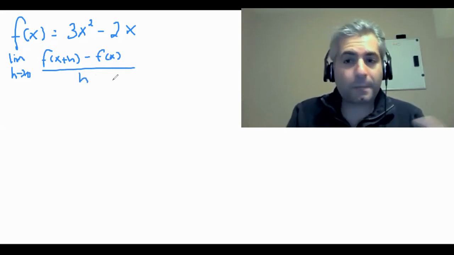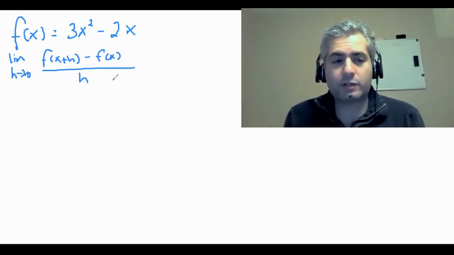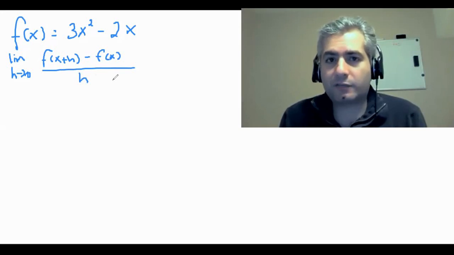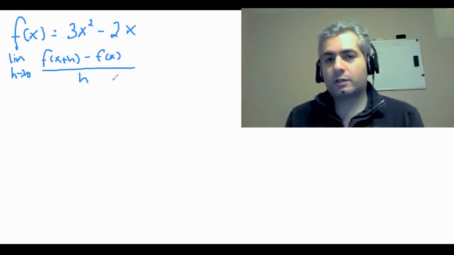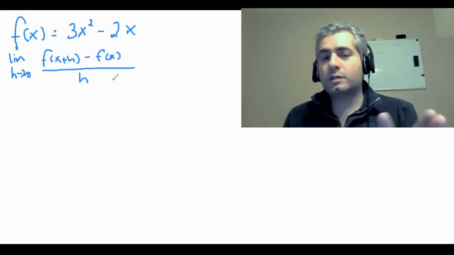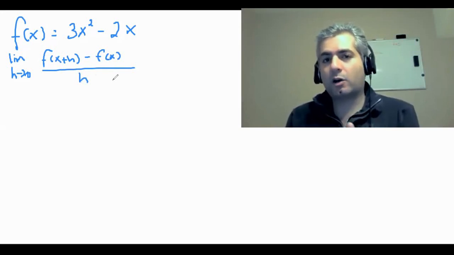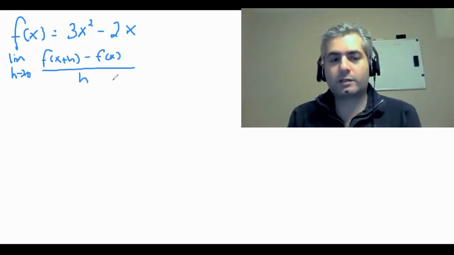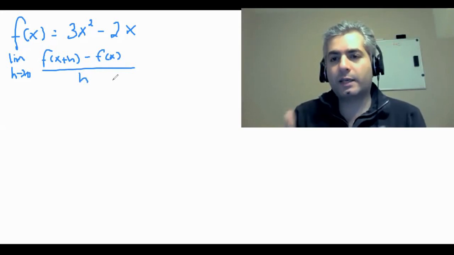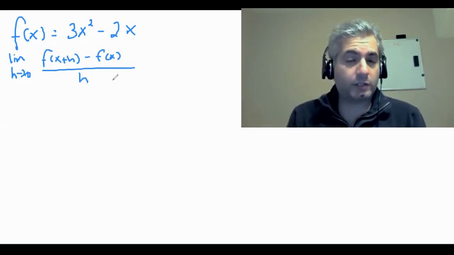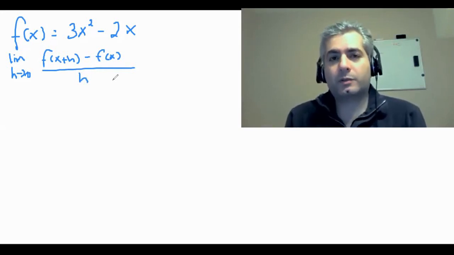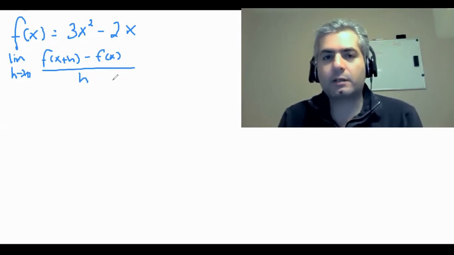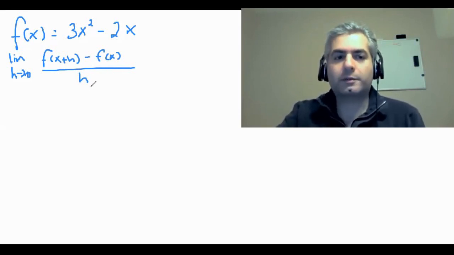So at this point, we can't sub in h equals 0 into the limit, because that would give us an undefined situation. So the goal is, let's put in our function. We're going to use this x plus h representing a second arbitrary point from the point of interest. And eventually, if we can cancel out h from the numerator and denominator, we will then be able to sub in h or apply the limit and get a solution.